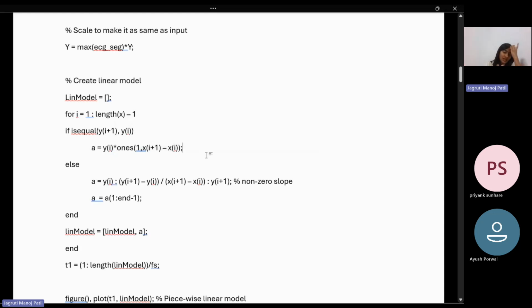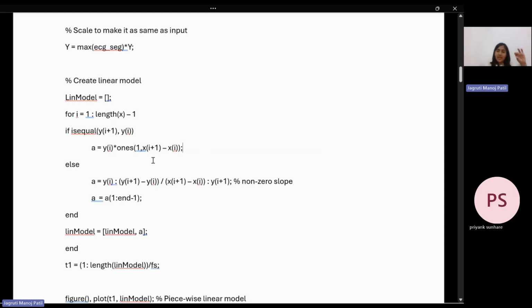Okay, so if the two amplitudes on the y axis are not equal, then you take the initial value till the last value that you had, and make a line along it using the slope, which is y2 minus y1 by x2 minus x1. Clear? So this will give us a non-zero slope.